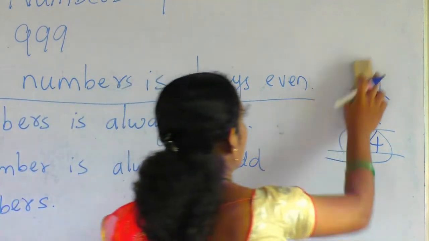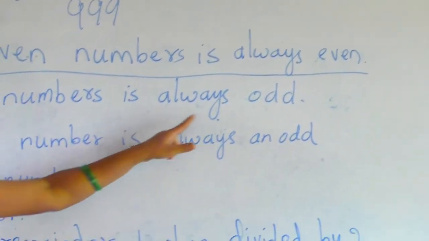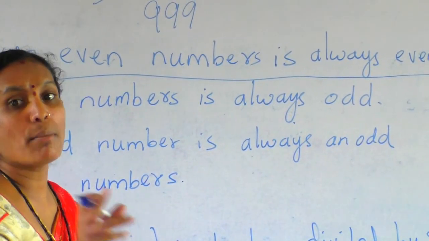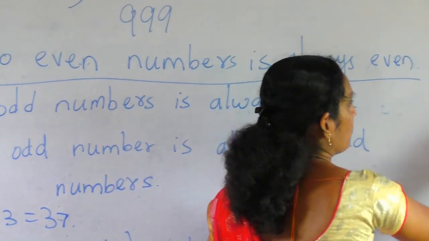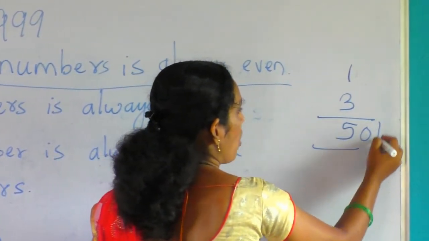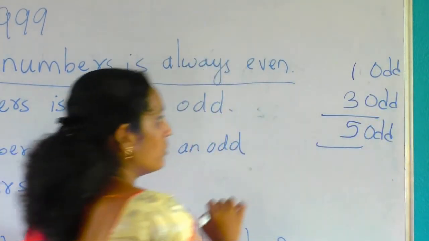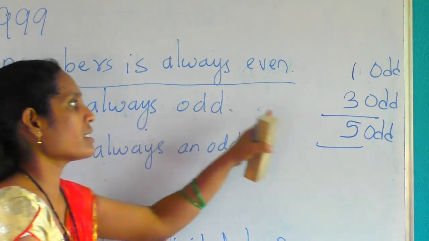Next, sum of two odd numbers is always odd. Sum means addition. Sum of two odd numbers, you take odd numbers 1, 3. Answer is 5. This is an odd number. Sum of odd numbers is always odd.